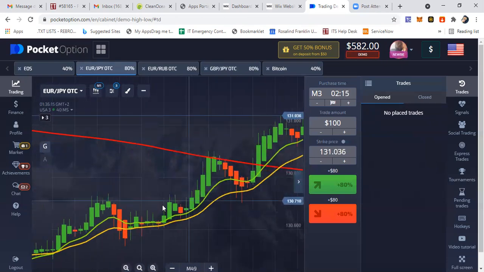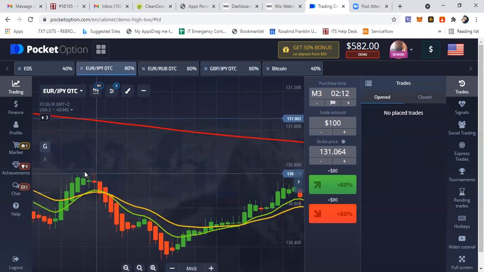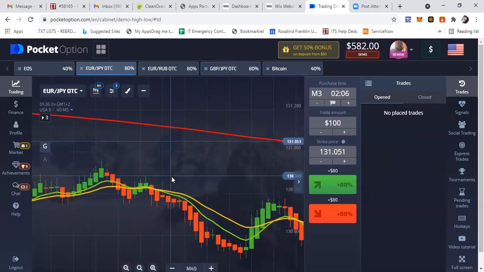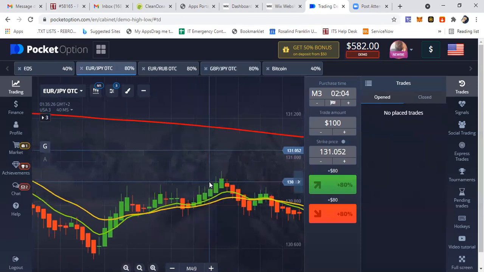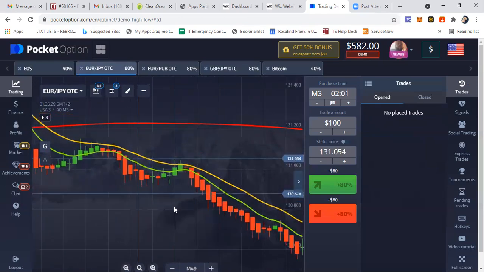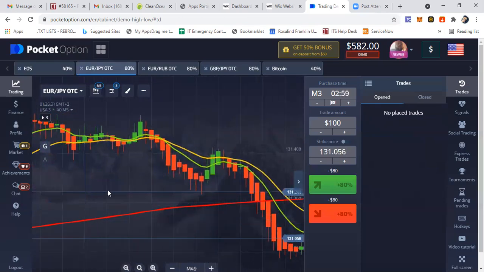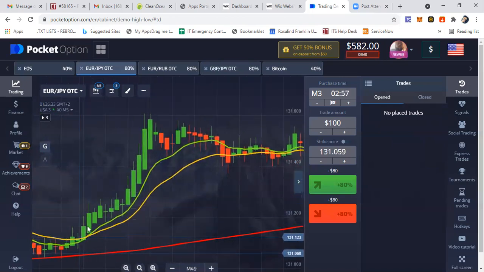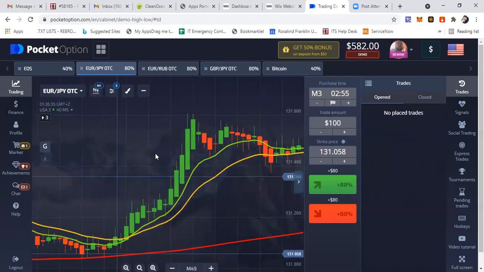No crossovers there, but you got a crossover here, right? Boom, went your direction. Okay, uptrend, crossover, went your direction, right?